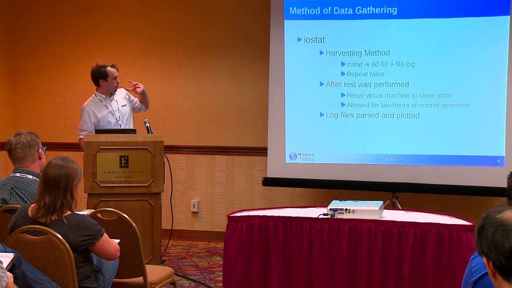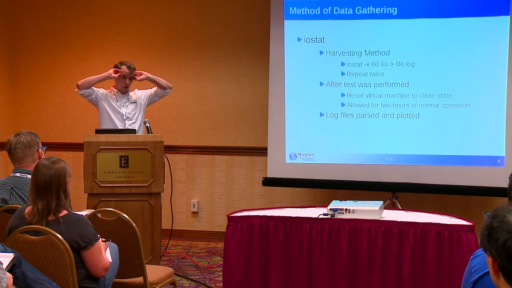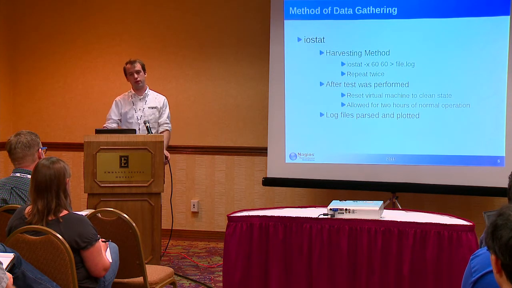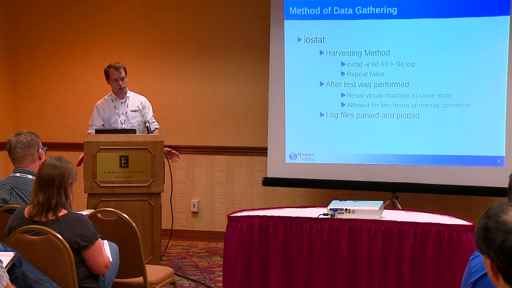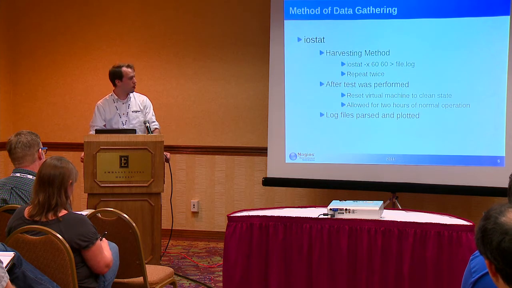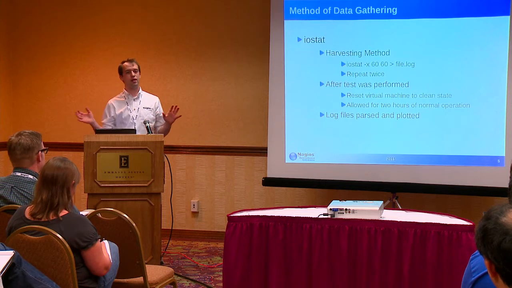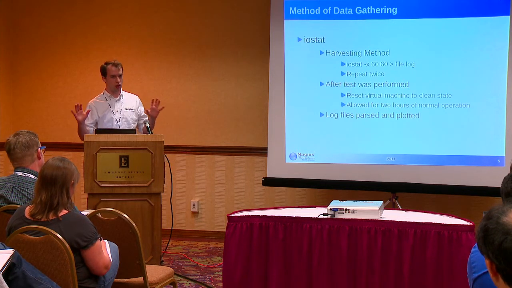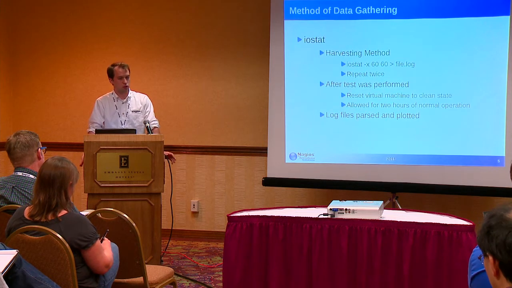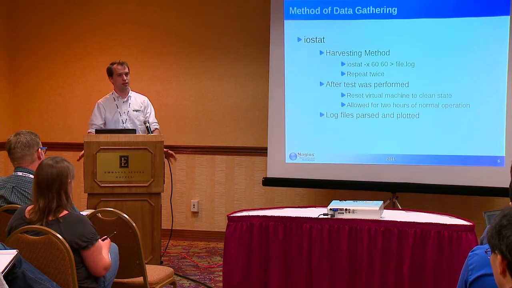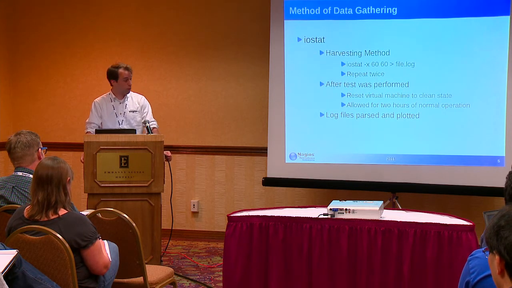And I ran it. So then after the test was performed, I reset the virtual machine to a clean state and then redid all the changes and ran it again just in case we hit some spike, something strange happened. You guys know how testing goes. Something strange always happens. And then I picked the test with the least extrema. While that may not be the most statistically relevant way of picking which test to use, it did iron out some of the strange tests that didn't jive with my prediction for what the actual result would be.